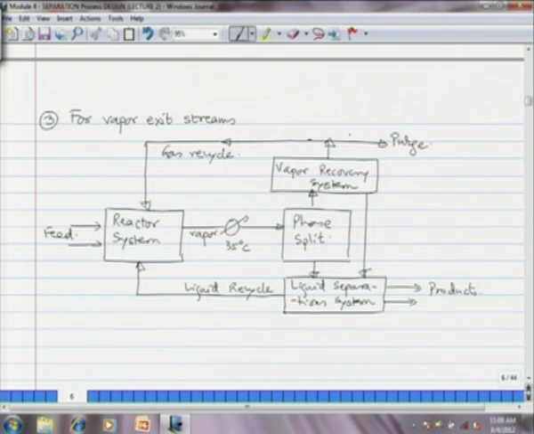Okay. Vapor recovery recovers all the solute vapor, the non-condensable gas is recycled and purged, and again you see a stream coming from the vapor recovery system into the liquid separation system for the recovery of solute from the solvent and recycle of solvent to the vapor recovery system.